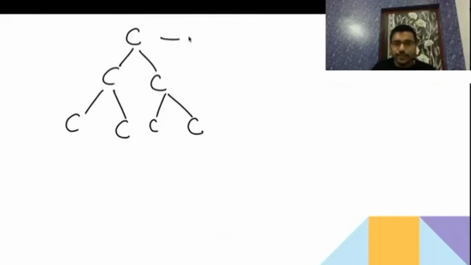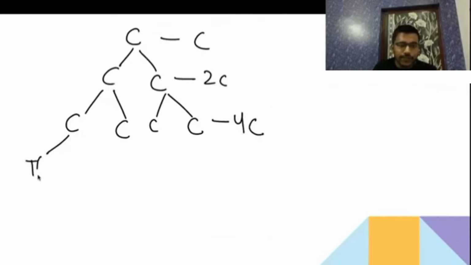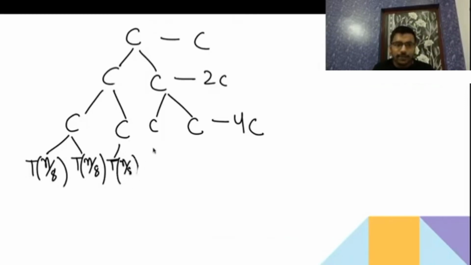Like this, c, then 2c, then 4c amount of work you have done, then here you are going to get T(n/8), then T(n/8), similarly everywhere T(n/8), here also T(n/8).